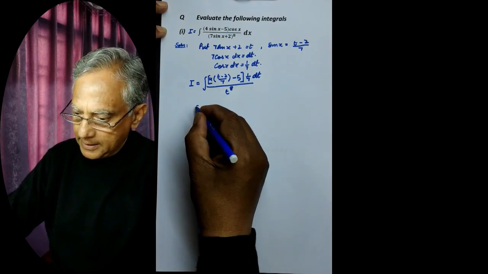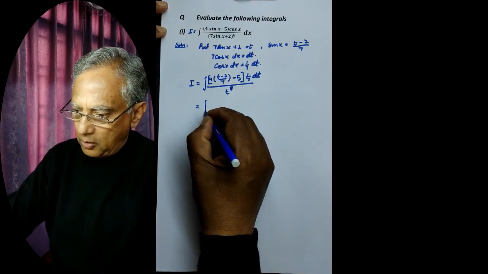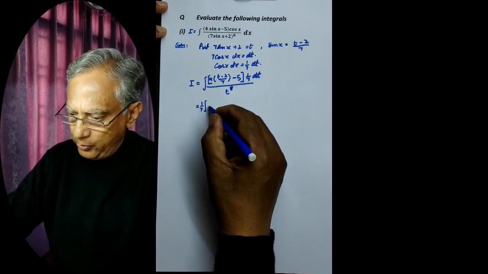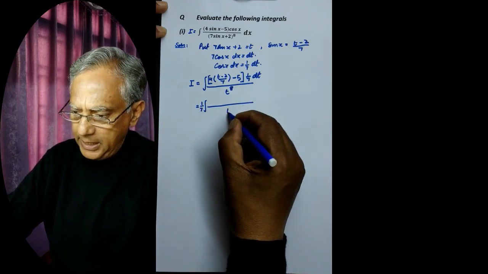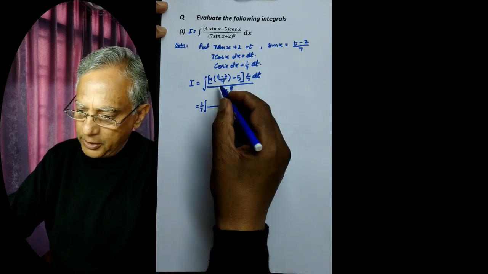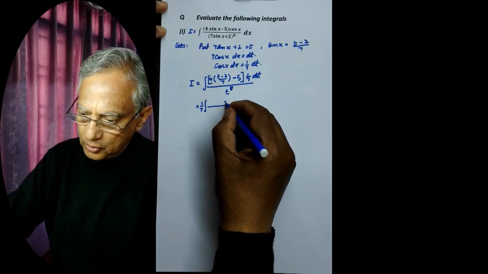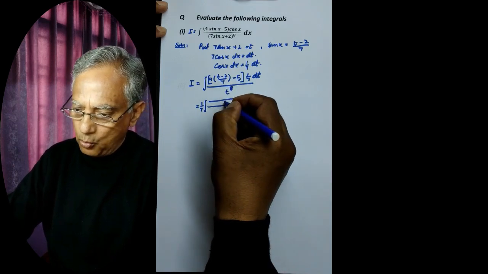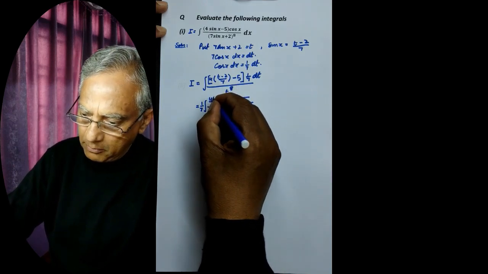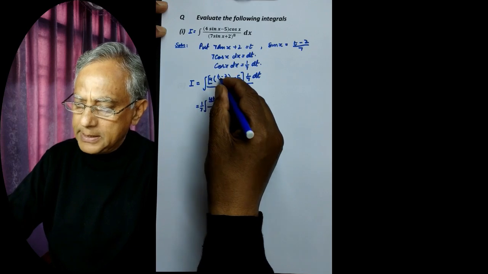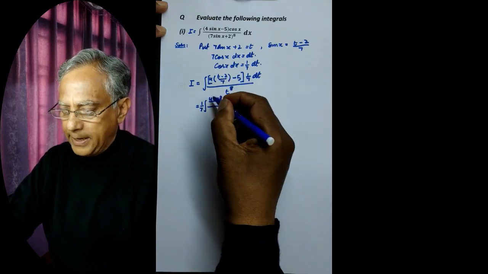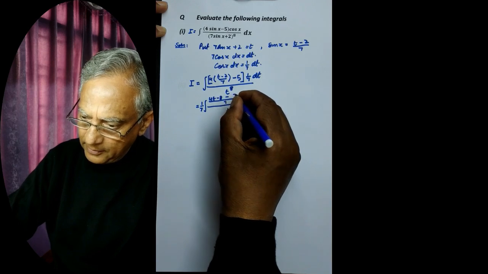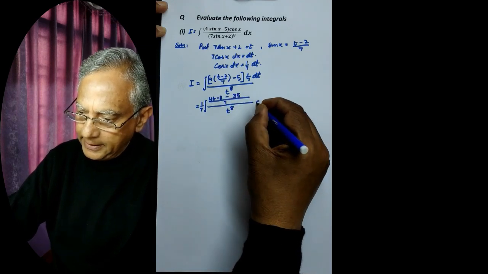This can be simplified: 1 by 7 is common, and we take the LCM of the numerator. The LCM of the numerator is 7. So 7 into 7 divided by 7 is 1. So we will have 4t minus 8, opening this bracket, 4t minus 8, and this will be minus 35 dt.